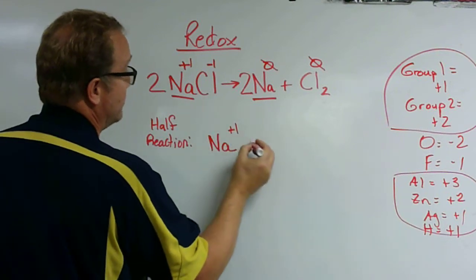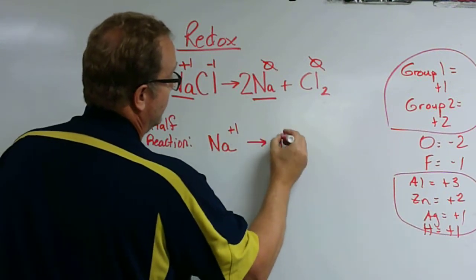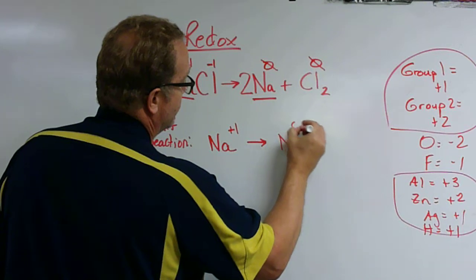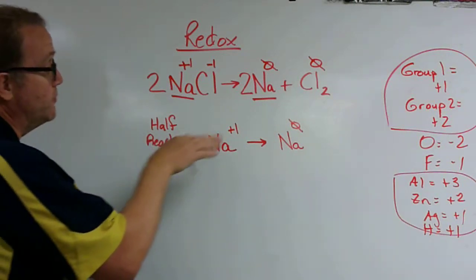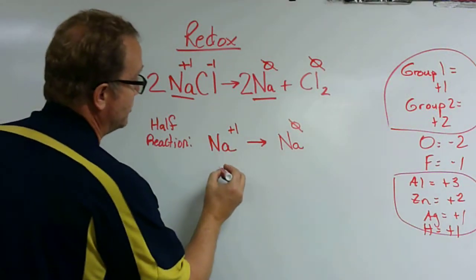We're not going to balance these. So if you're in advanced, it's not going to be correct completely because we're just doing the standard stuff. We have an Na with a +1 and we have an Na with a 0. That's going to be my first part of the half reaction.